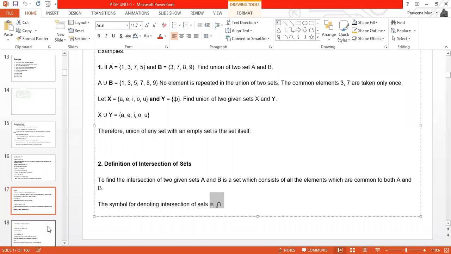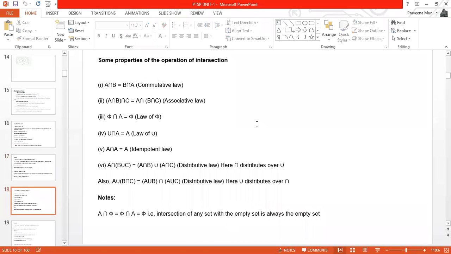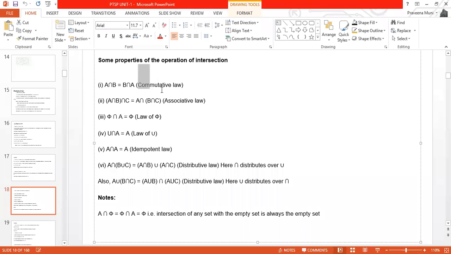Here we'll see some of the properties of intersection. A intersection B is equal to B intersection A, so it also satisfies the commutative law, and intersection will also satisfy the associative law: (A intersection B) intersection C is equal to A intersection (B intersection C).